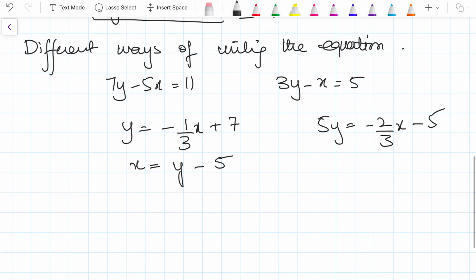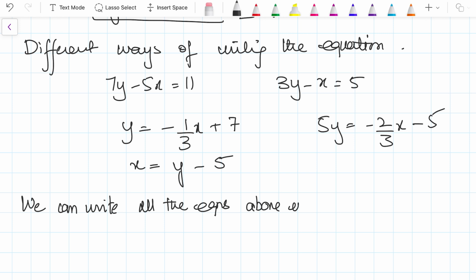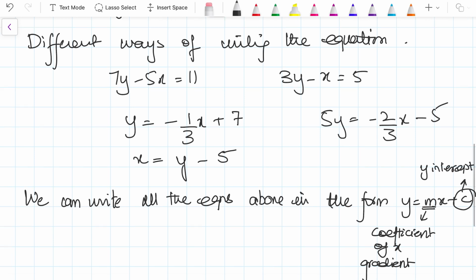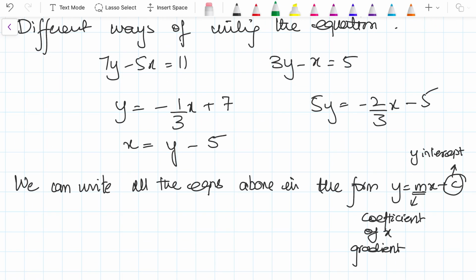Now, what we can do is we can write all the equations above in the form y equals mx plus c, where the coefficient of x is the gradient and the constant will be the y-intercept. So let's do the rearranging. Let's label all the lines.